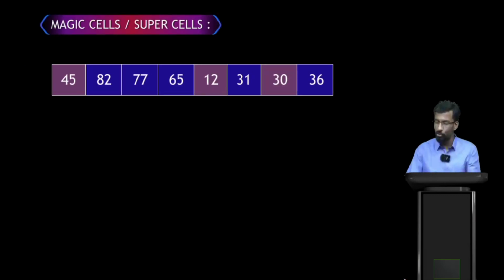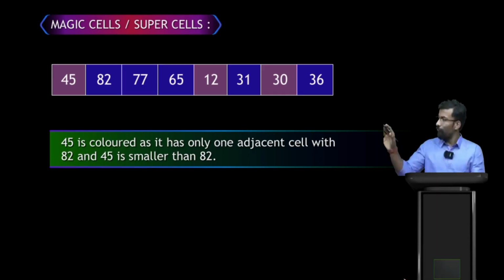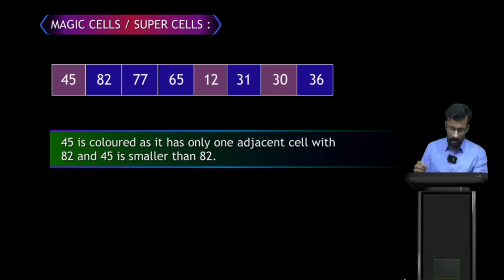The numbers 82, 77, 12, 31, 30, and 36 are lying in a row. Now 45. The basic color is blue, but these boxes are colored. What is the reason behind it?